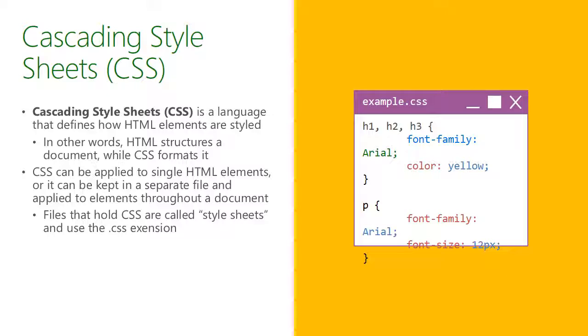Files that hold CSS are called style sheets and use the .css extension. It should be noted that usually the CSS would be in a separate file. Unlike HTML, CSS uses rules instead of tags.